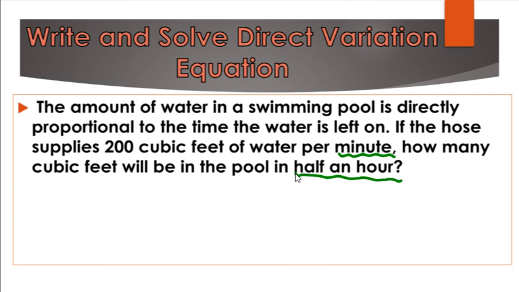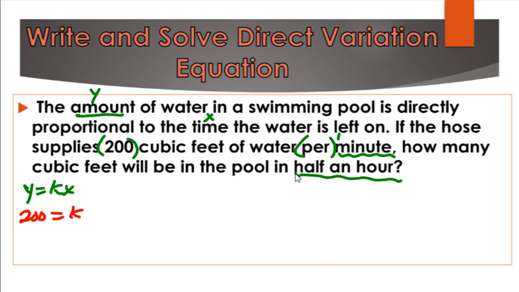since it says the amount of water, so the amount, this is like your y, directly proportional to the time. This is your x. So if we do y equals kx, we have an ordered pair, which is the 200 per minute. This is just in 1 minute. So we would have our 200 for our y.